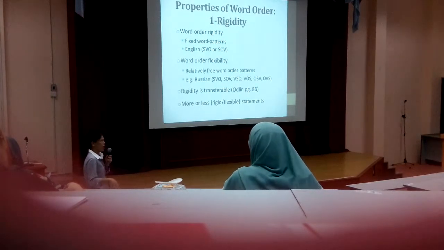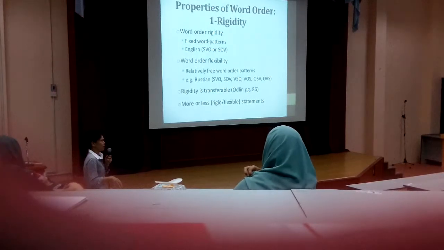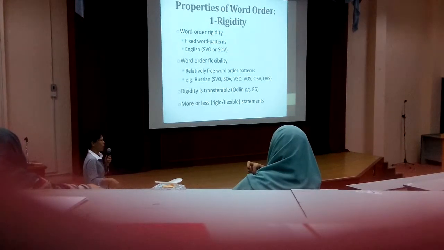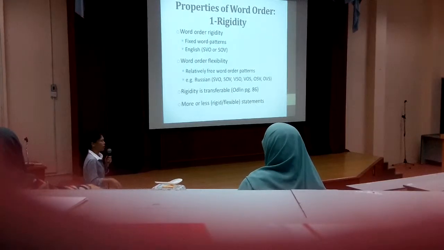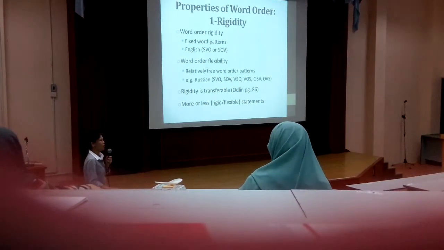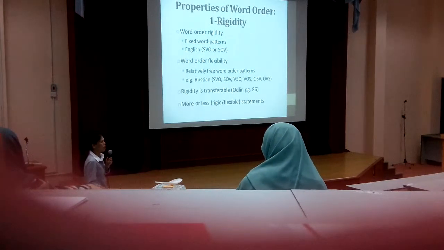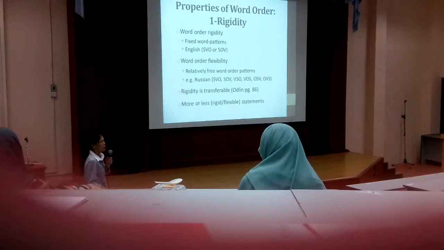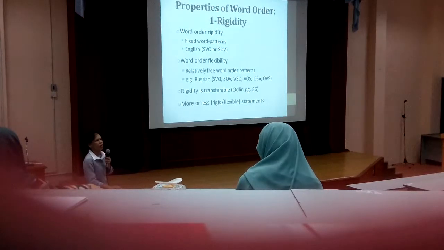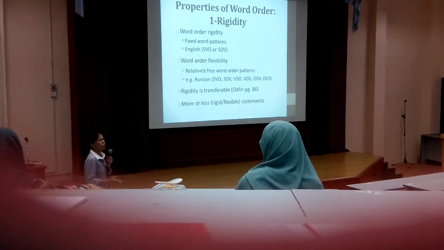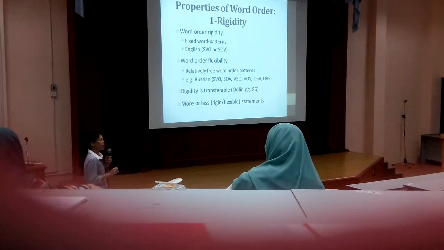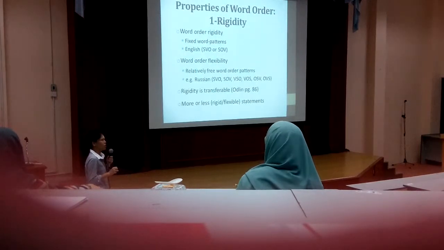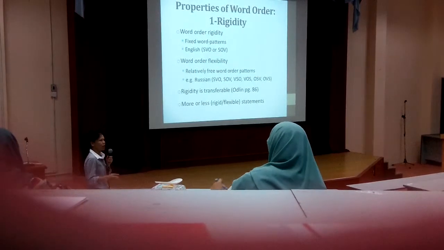If both are rigid and the speaker of the first language has only one rigid word order, then they will have a lot of problems in the learning of the word order in the English language. The simple logical deduction. You just predict, it doesn't have to be true. This prediction, contrastive analysis is based on prediction looking at facts.